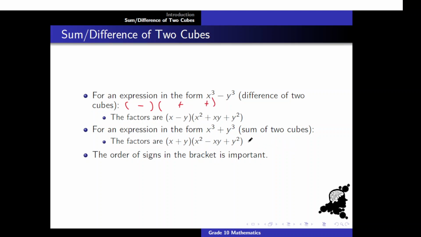If it's a sum of two cubes, you're always going to have plus, minus, plus. So in both of these instances, you always have two positive signs and one negative. How do you determine which one is which? Small bracket always takes the sign of the original expression.